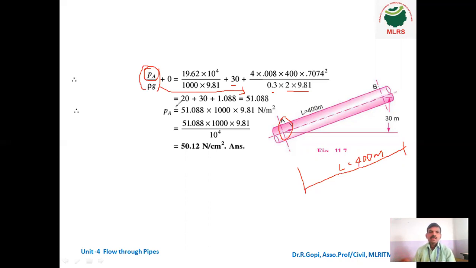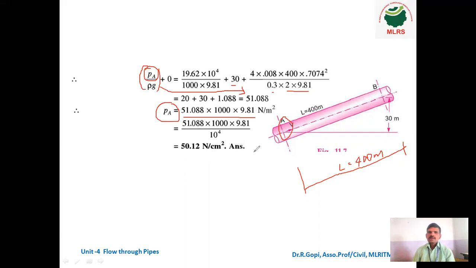We don't want a head, we need pressure only. So keep PA here and rho g comes to this side, which means 51.088 into 1000 into 9.81 Newton per meter square. Finally we got the answer in terms of Newton per meter square, so you can stop here.